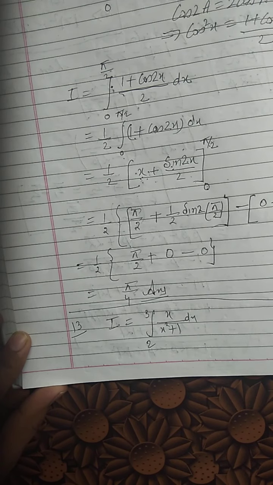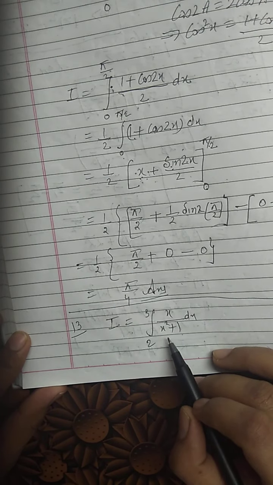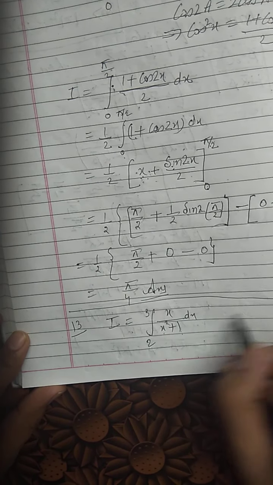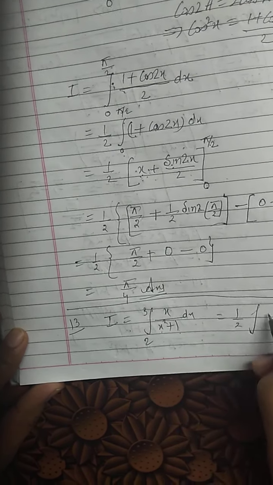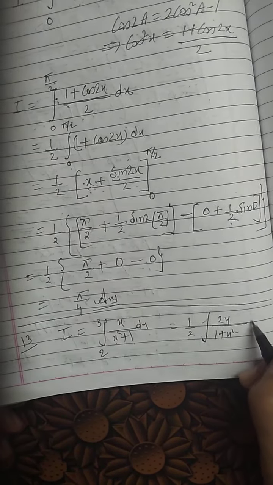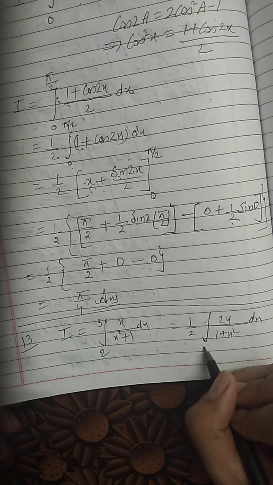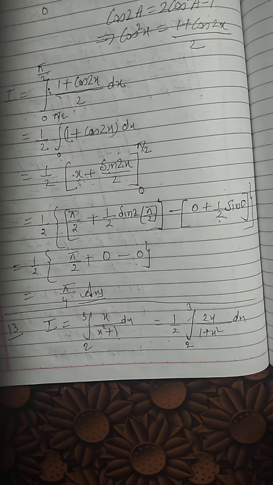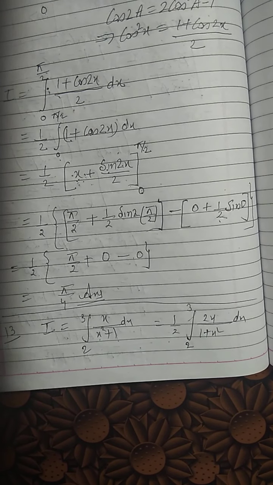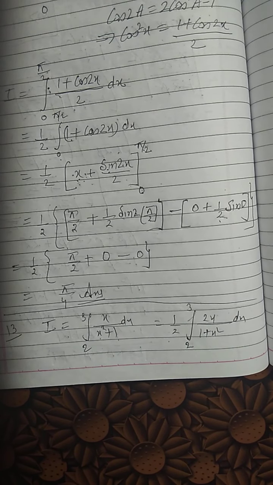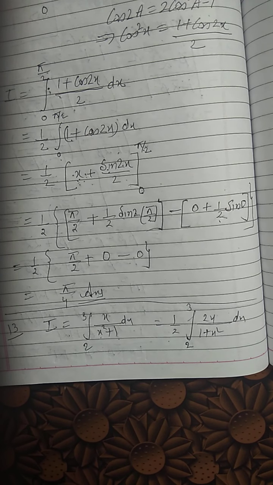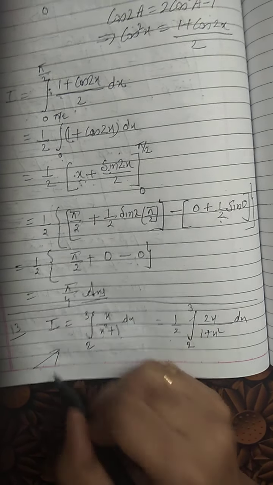If you notice, the denominator is 1 plus x square, and we know the derivative of 1 plus x square is 2x. So if I multiply and divide by 2, my purpose will be solved, and we keep the limits the same. So this will be the derivative upon function. So the answer will be log of 1 plus x square, where you can apply your upper limit and then lower limit. So sum number 13 I am leaving for you.